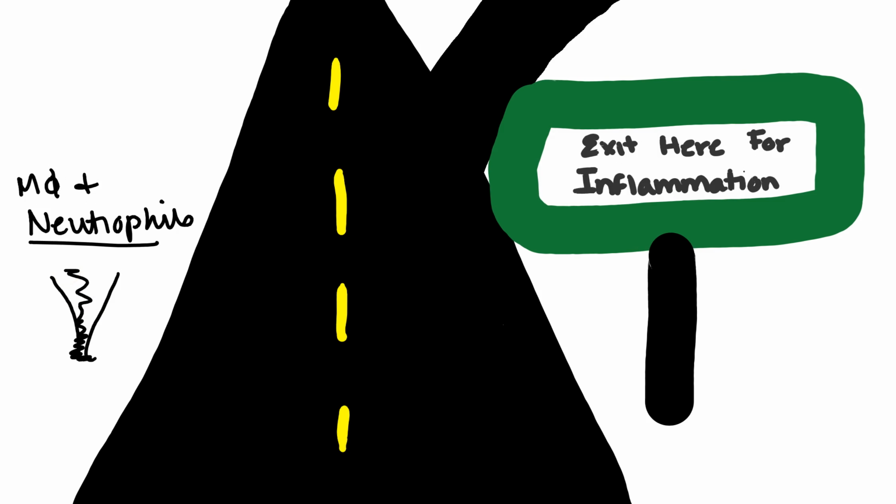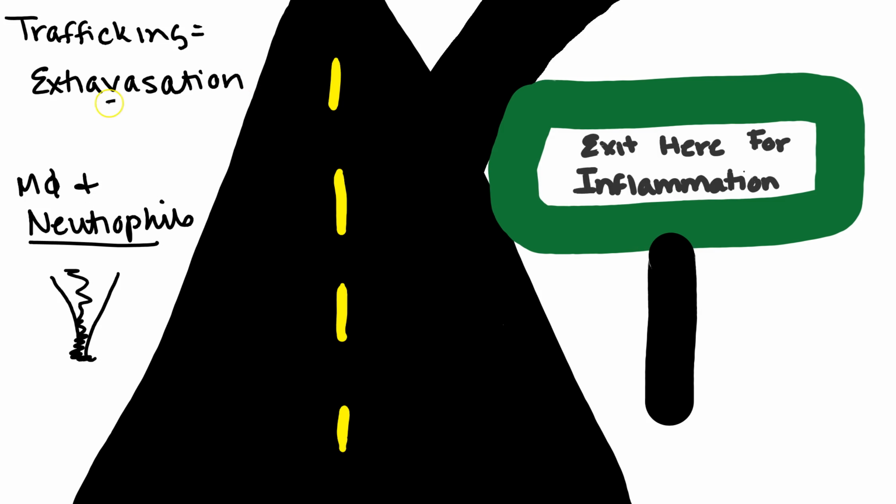And this process of how these cells know where to go and actually make the exit to that site is sometimes referred to as trafficking, or the more scientific term for it is extravasation, which if you go back and think about your Latin root words makes perfect sense, right?